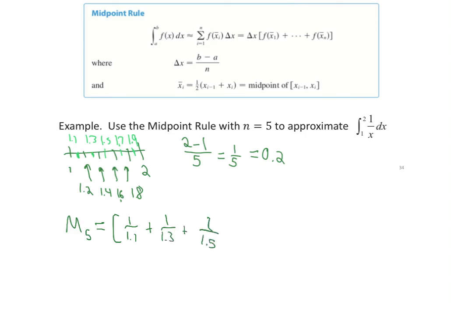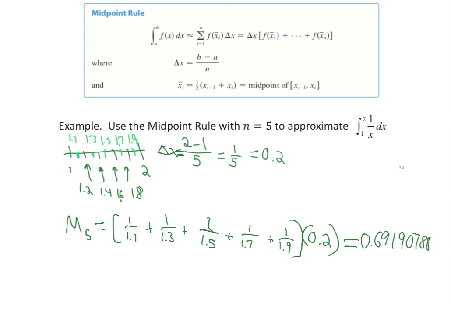This is me evaluating the function at each of these midpoints of the subintervals multiplied by my delta x, which we said was 0.2. Work that out, come back. I got 0.691907886. Hopefully you got something similar.